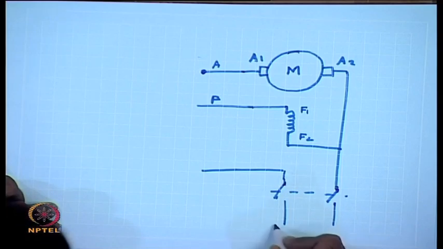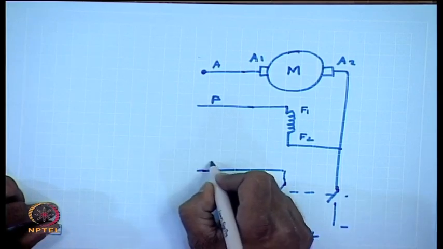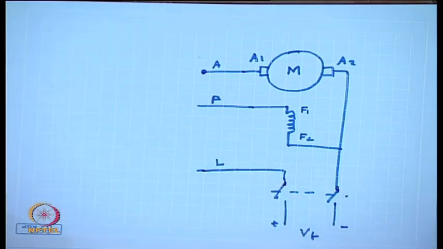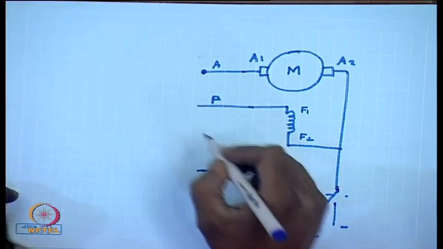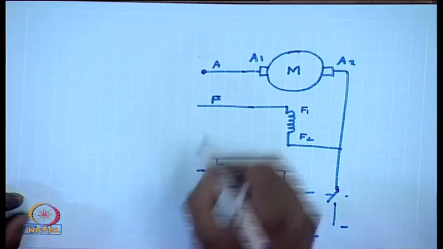This is the plus minus supply V_t. This is called the load terminal. These are the three terminals to which a starter is connected.